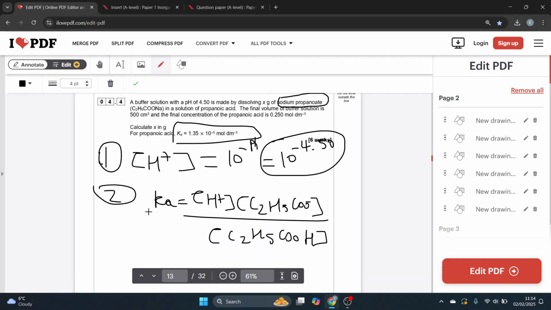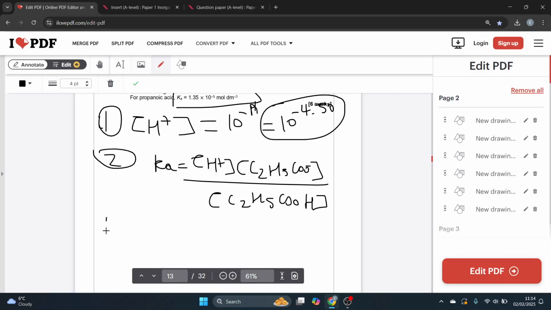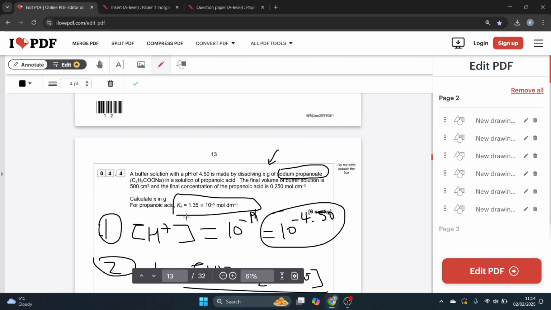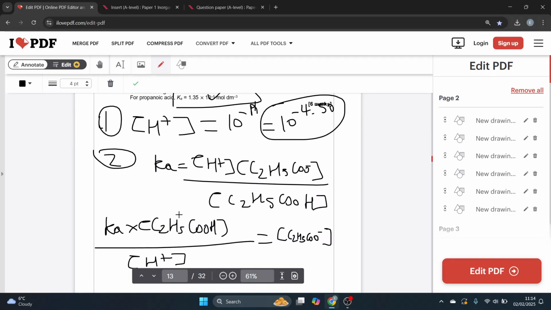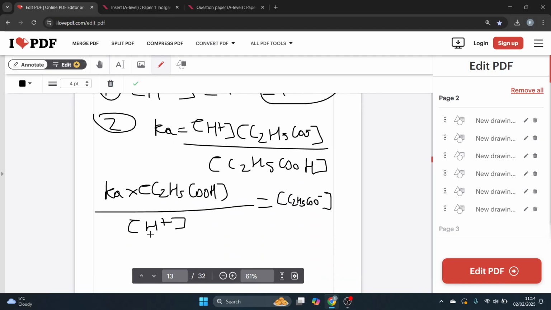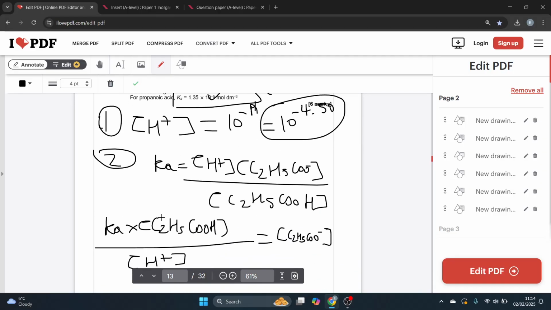Yeah, so I need to rearrange it to get this. So it's going to be Ka times the concentration of C2H5COOH divided by concentration H plus, and that is equal to the concentration of C2H5COO minus. I've got Ka. I have got the concentration of propanoic acid, the final concentration 0.250. I've got the concentration of H plus. So all I need to do now is substitute my values in.